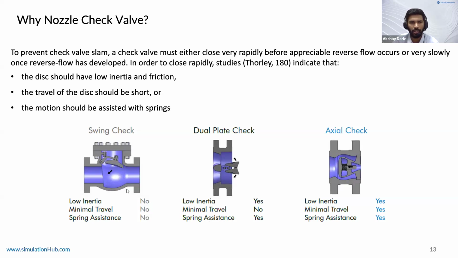Conventionally, a swing check valve doesn't have spring assistance. A dual plate check valve doesn't have it either, but the axial check valve is designed with a spring. So on all three parameters, the nozzle check valve is a good design and a good engineering solution when used in flow reversal conditions.